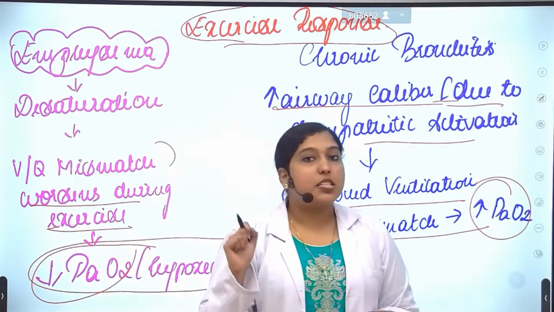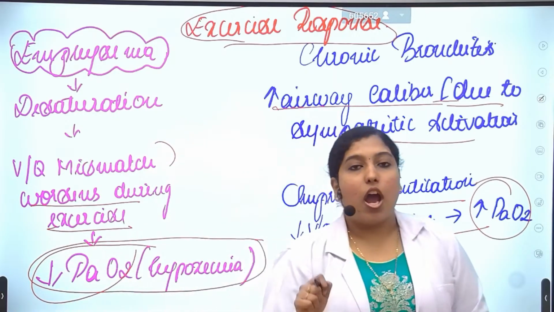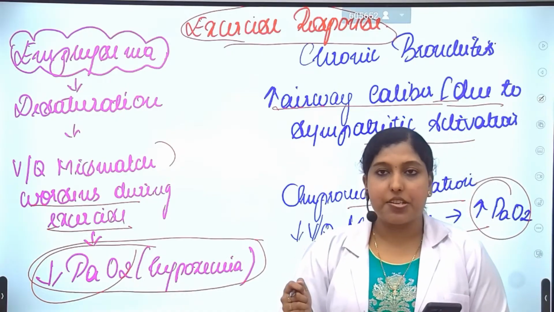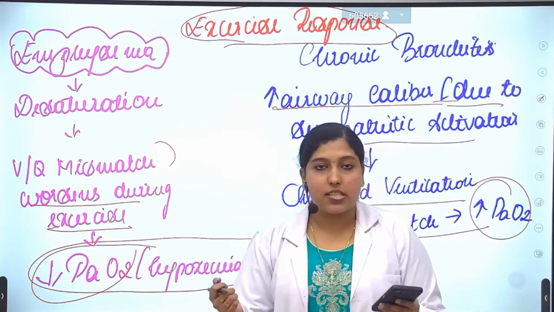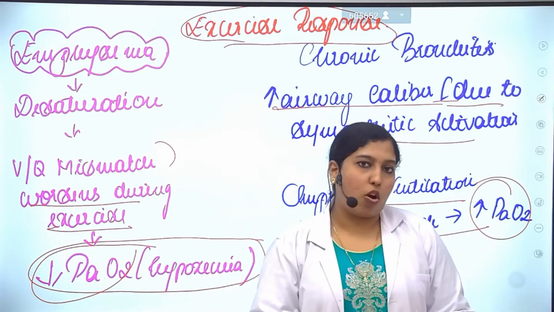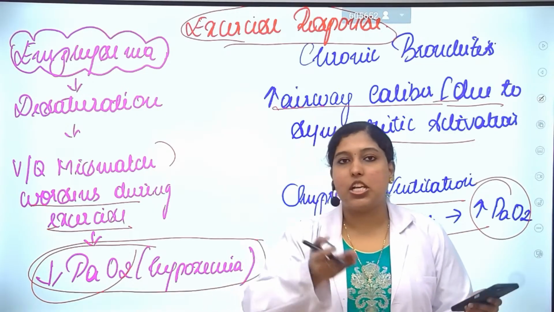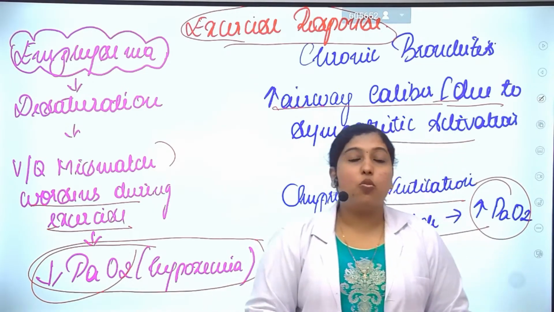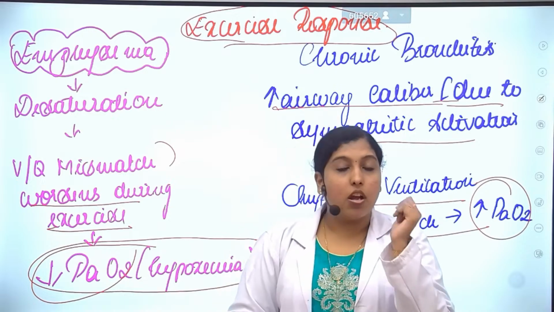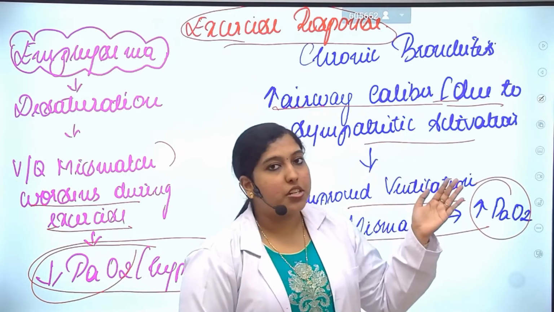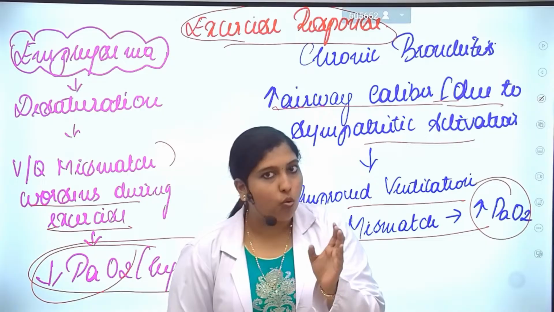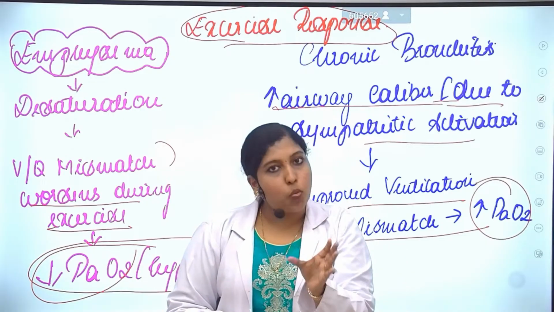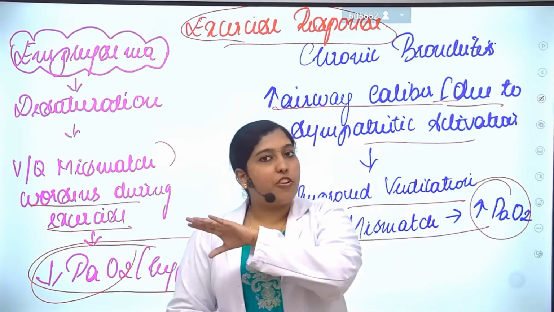In the same way, they may tell you a patient with chronic bronchitis is doing good exercise. What is the effect on the ventilation and perfusion ratio? You have to remember, in chronic bronchitis, the airway is narrowed. The problem is in the narrowing of the airway. But in emphysema, it is totally different.